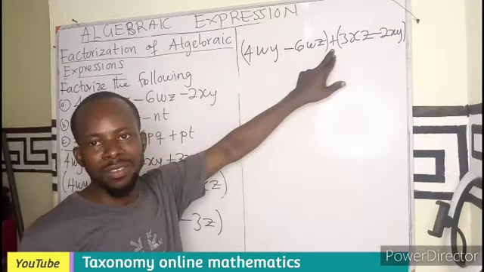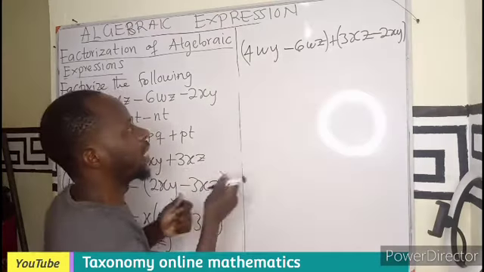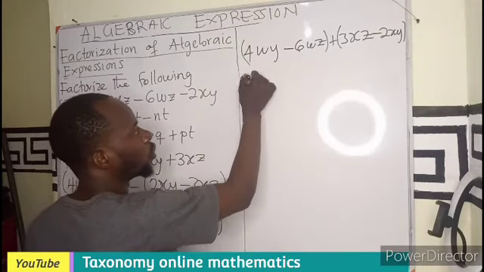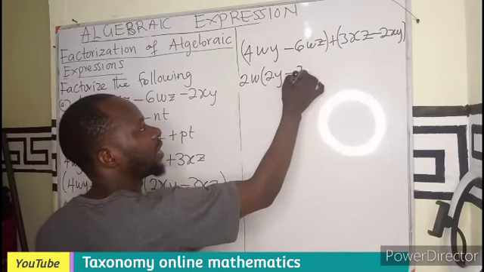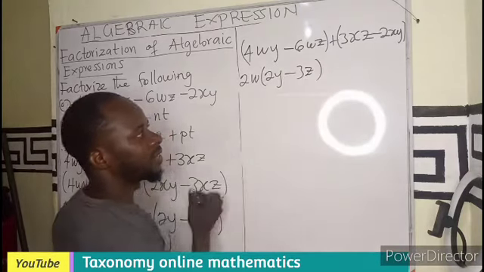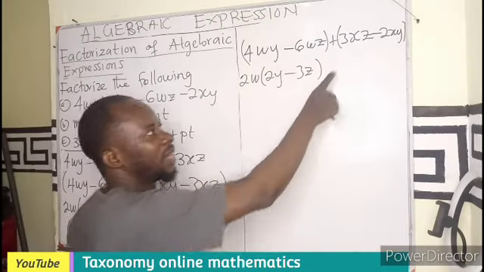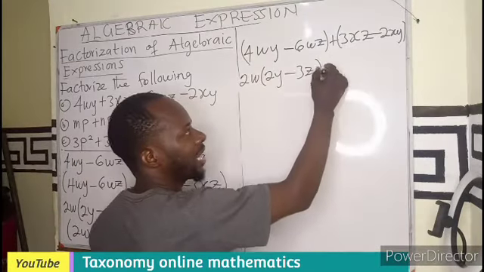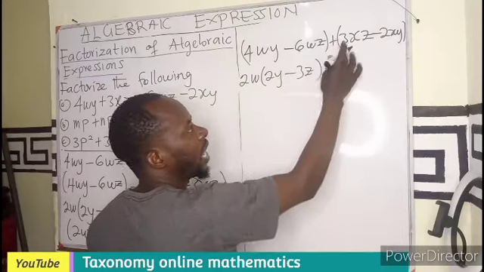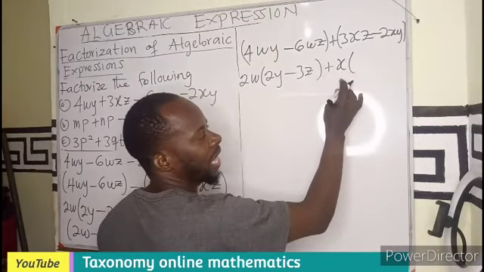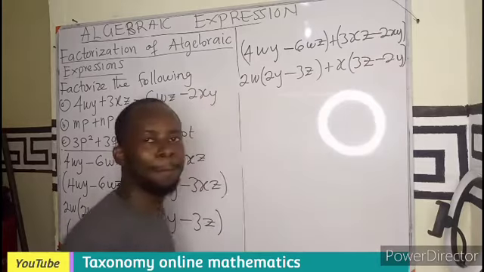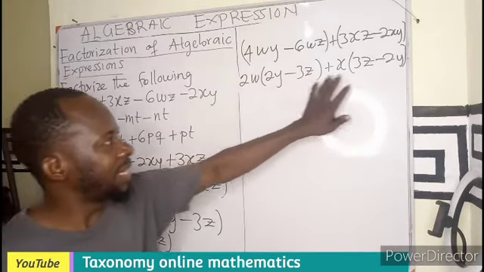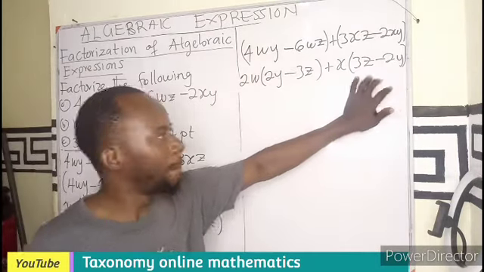So this becomes plus, so your common factor will still be 2W, 2Y, 3Z as the common factor. If you come here, 3 and 2 have nothing in common, so you still have X to be the common factor, 3Z minus 2Y. So the bracket this time is not the same.